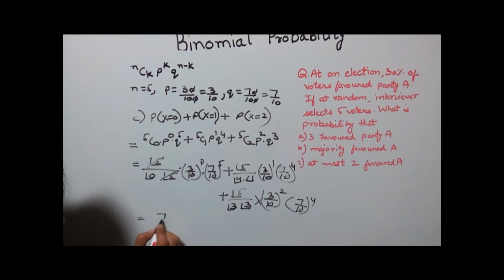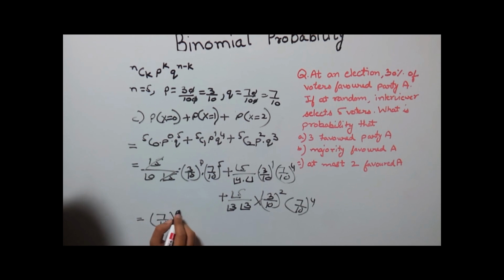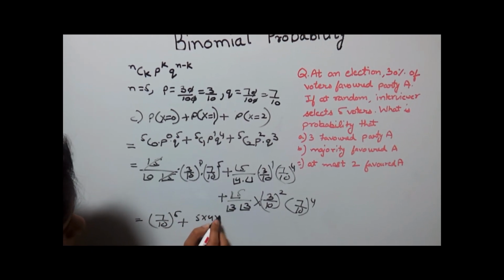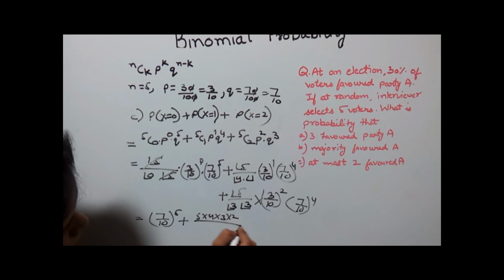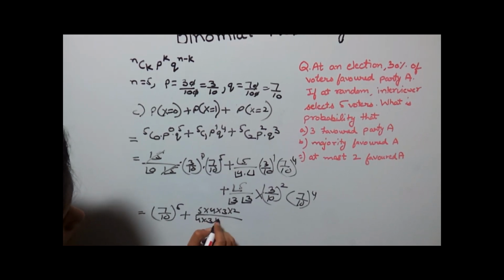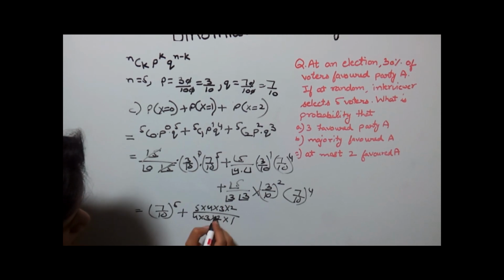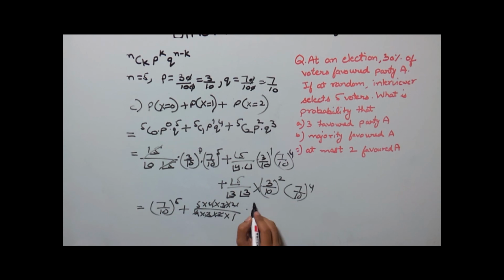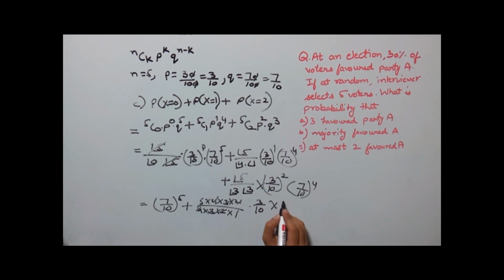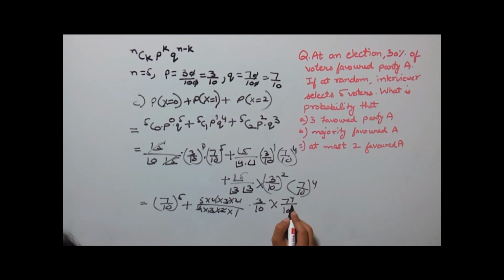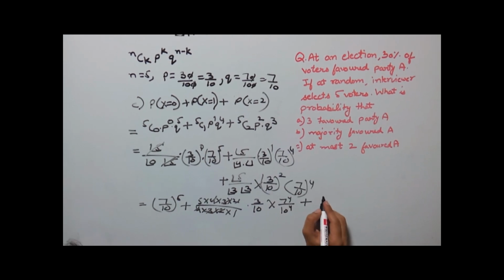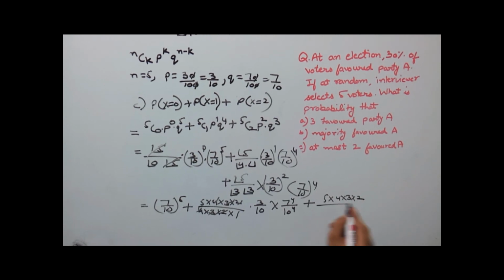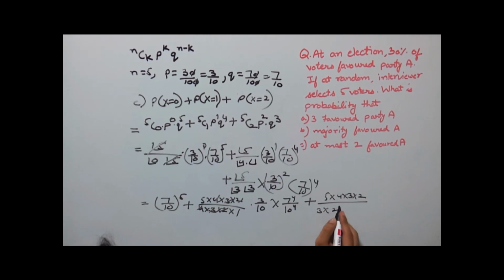So we get 7 by 10 to the power 5, plus here we get 5 into 4 into 3 into 2 divided by 4 into 3 into 2 into 1. So cancelling them, into 3 by 10 into 7 to the power 4 upon 10 to the power 4, plus 5 into 4 into 3 into 2 divided by 3 into 2 into 2.